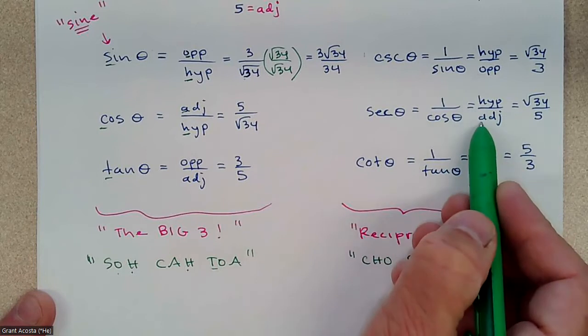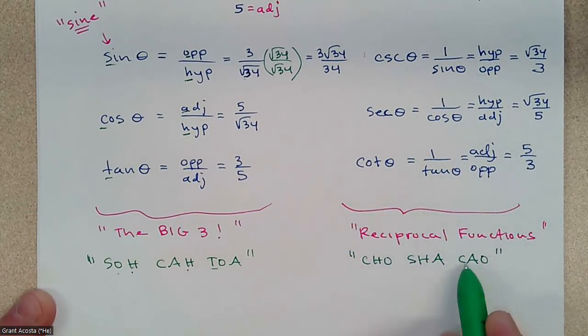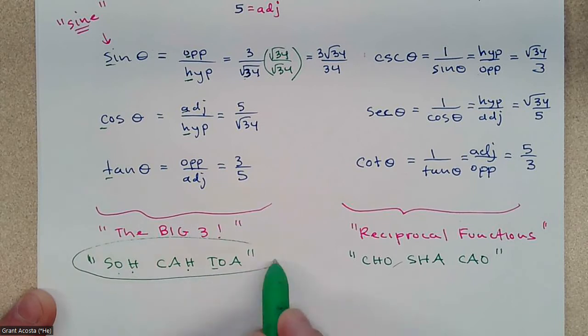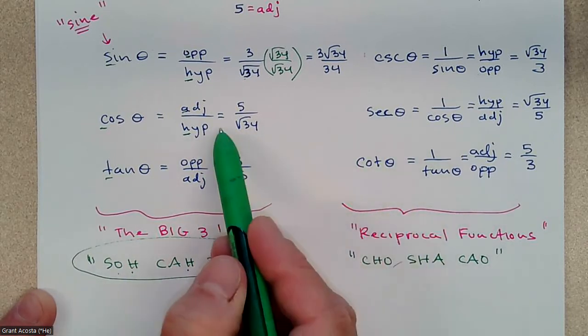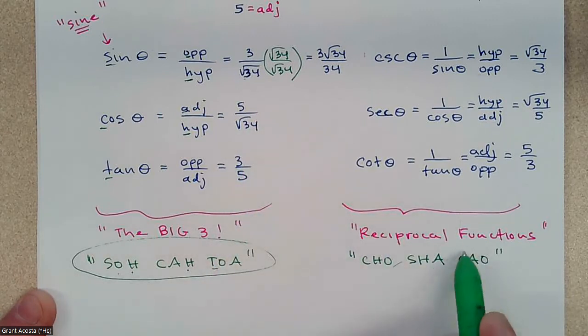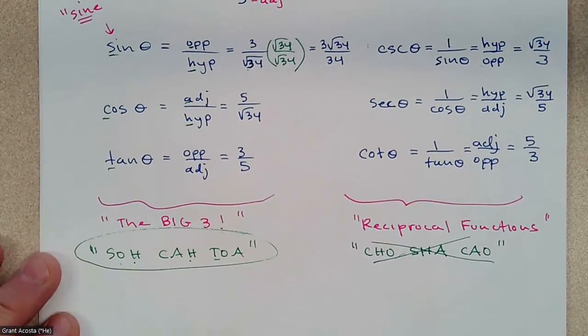Secant is hypotenuse over adjacent. Cotangent is adjacent over opposite. I never use this. I don't think you need to worry about this. Most people use SOHCAHTOA and then just know that if you want, for example, the secant, just take the reciprocal of cosine. So you don't really need that. That's just being a little silly.